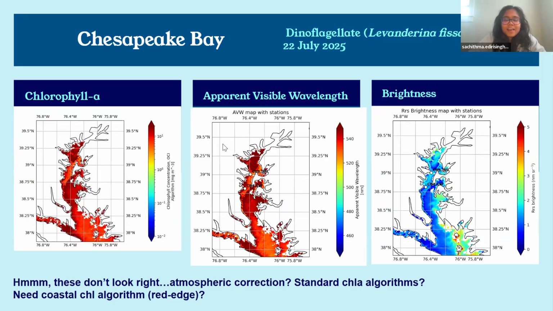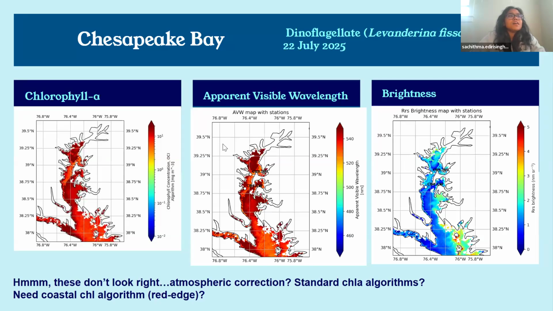So for the Chesapeake Bay, we had some in situ data for 2 blooms that occurred in July 2025 and August 2024, for Levanderina fissa in 2025 and Heterocapsa species in 2024.